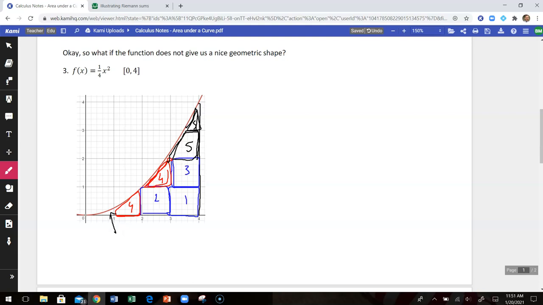And then, oh, I've still got this little part right here that I haven't talked about yet. So is it 5 point something? I don't know. I could give a rough estimate of what that might be, but we don't want to do that. Okay, so we're going to look at some methods for how we can give a nice, good estimate of what that would be instead of just trying to count boxes.